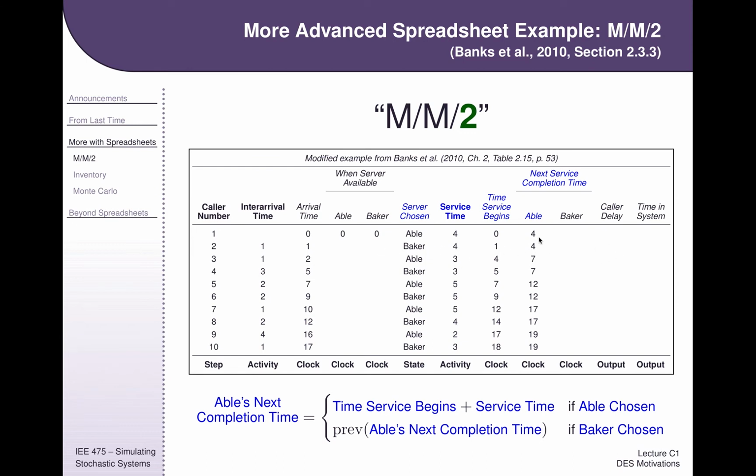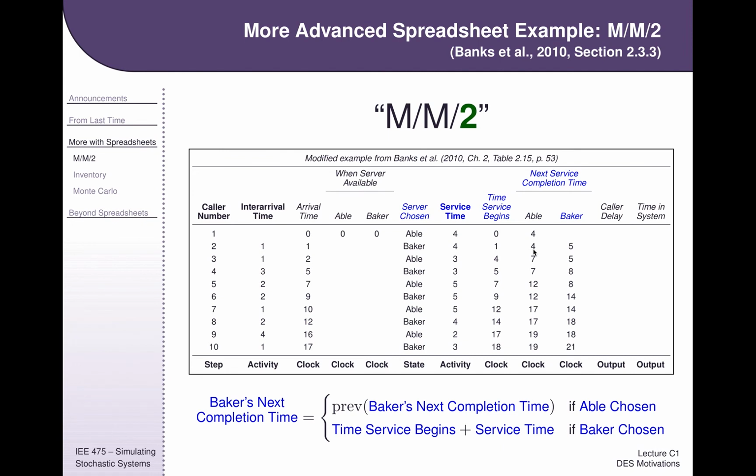So we're just going to copy Able down, not because Able is useful for the Baker calculation, but because Able's number will be useful for later calculations. So that's what's happened here. For this customer, Able was chosen. And so since Able was chosen, we did time service begins plus the service time to give us when Able is available. For this customer, Able's availability doesn't change, so we just copy it down.